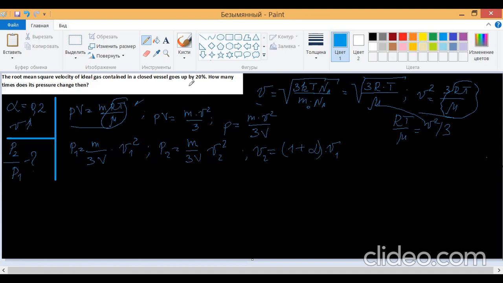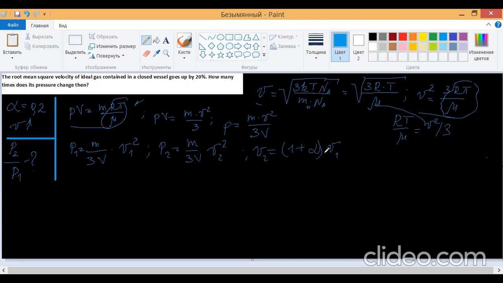Because it goes up by 20%, and we don't usually work with percents, so we work with parts. For that reason, 20% means 0.2.